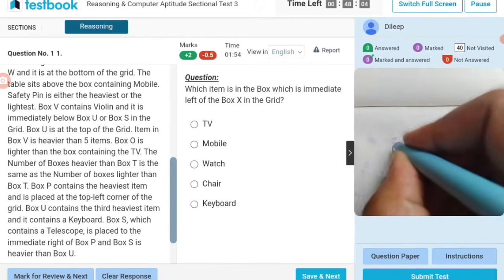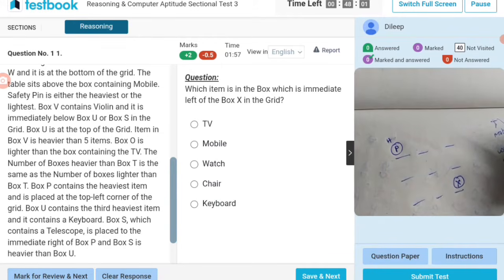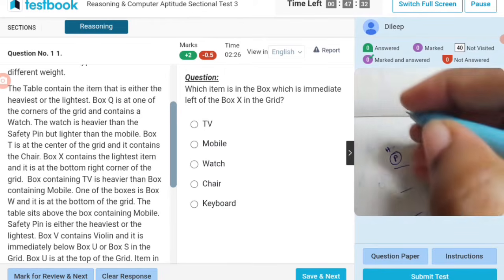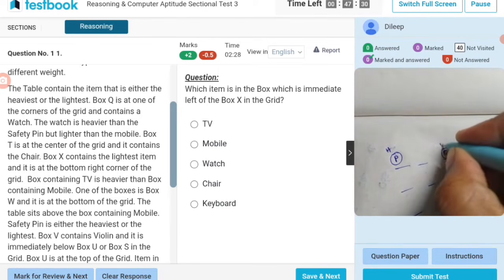P contains heaviest. So Q is the corner grid, contains watch.